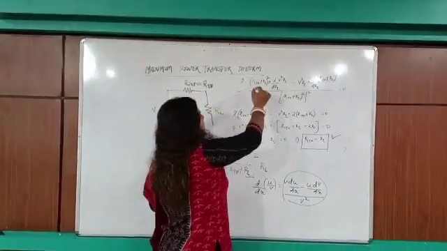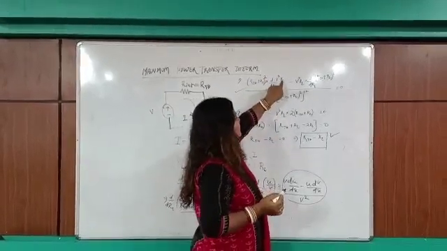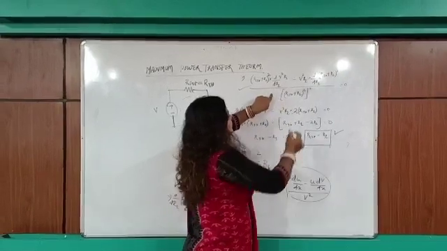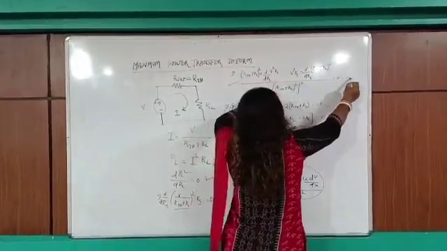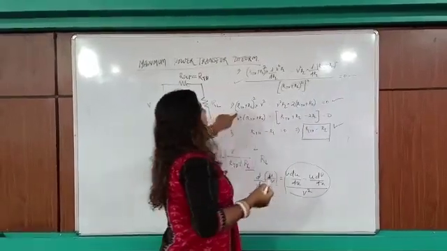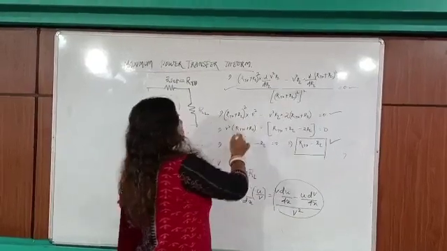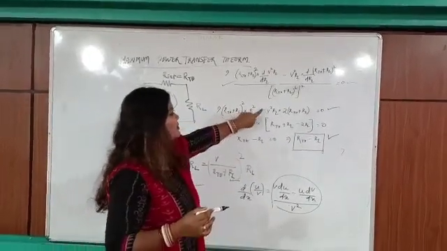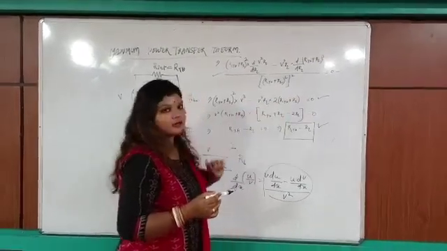Here v is (RTH plus RL) whole square and u is V square RL. Since the denominator term is nonzero, the numerator becomes 0, that is (RTH plus RL) square into V square minus V square RL into 2 (RTH plus RL) equals 0.